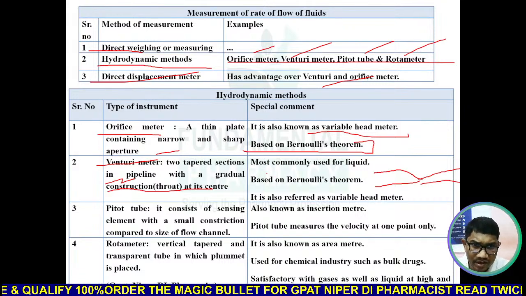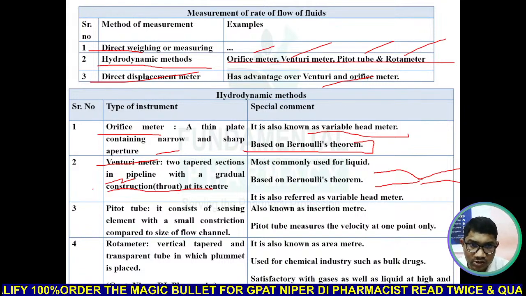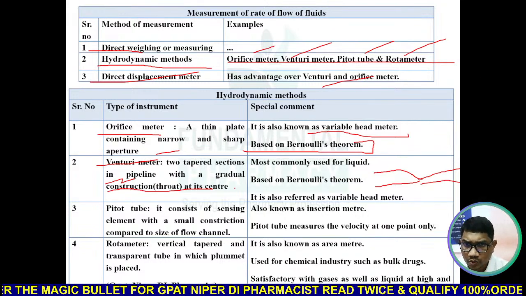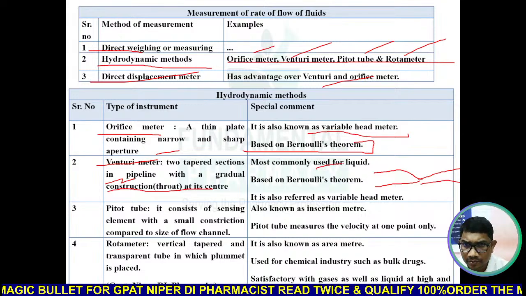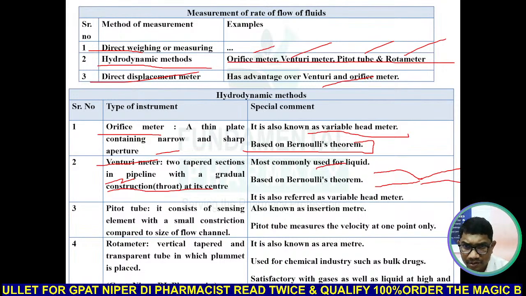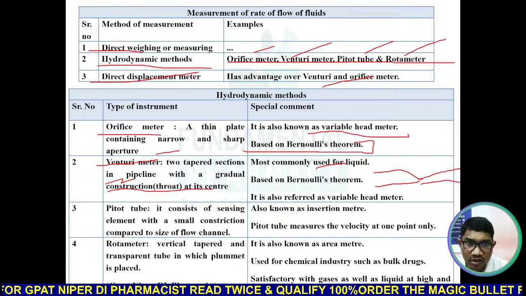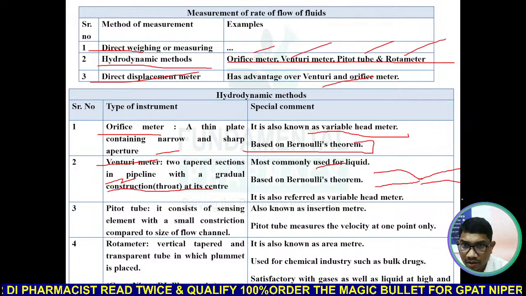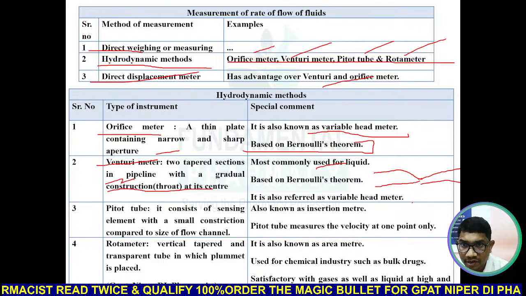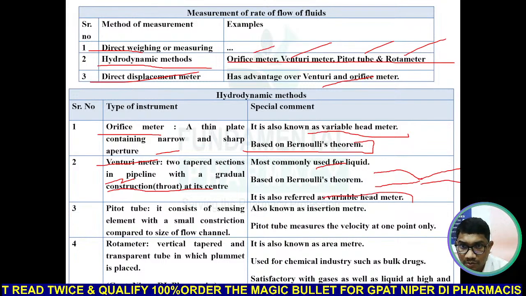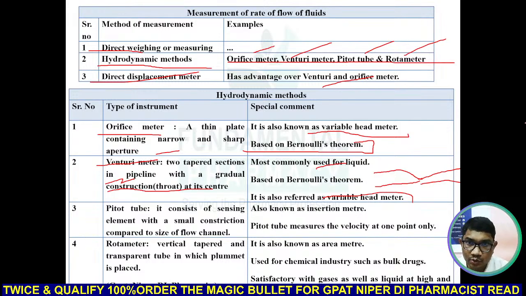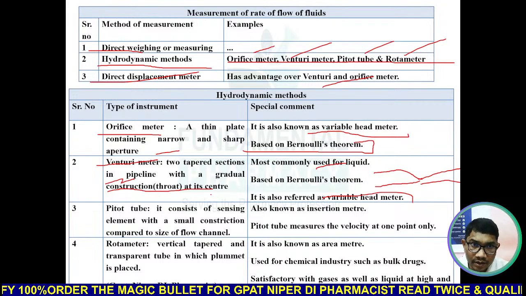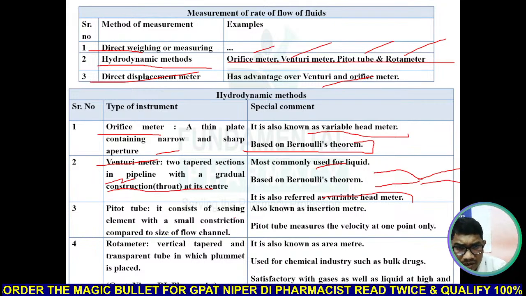Now most commonly used to measure the flow of liquid, there is a Venturimeter, again based upon the Bernoulli's theorem. ये भी Bernoulli's theorem के ऊपर ही based होता है, and it is also referred to as a variable head meter. तो synonyms के ऊपर क्वेश्चन आ सकता है. So orifice meter is also known as a variable head meter. Again Venturimeter is also called a variable head meter.